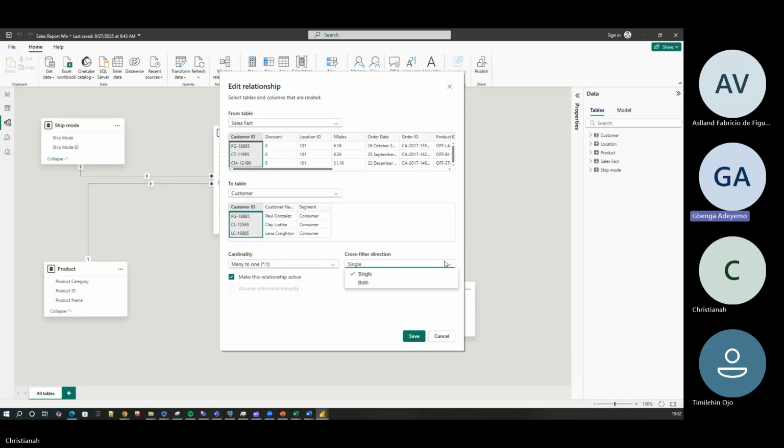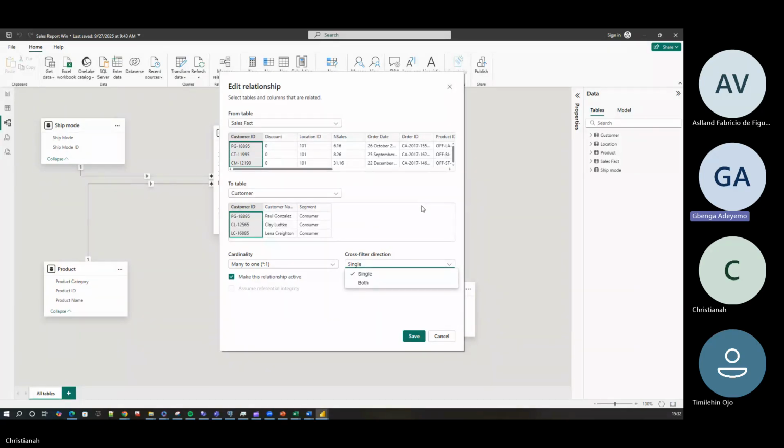It means that the sales table can also filter information inside it. When it was single direction, it means that the dimension table can filter the fact table. But when we put it on both, the two can filter each other. But that is not ideal because, number one, it will affect the performance of your reports.